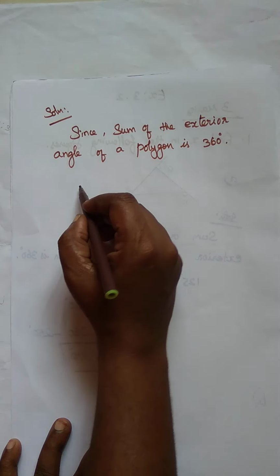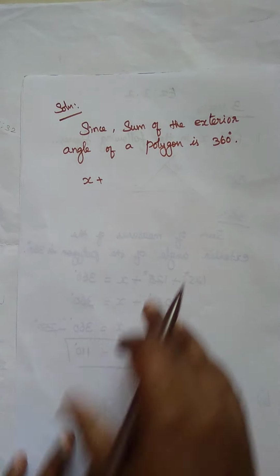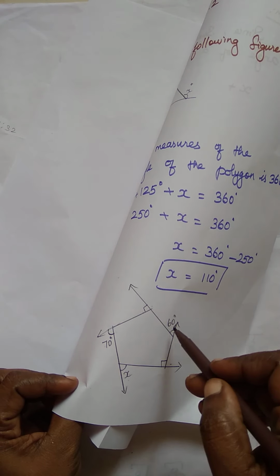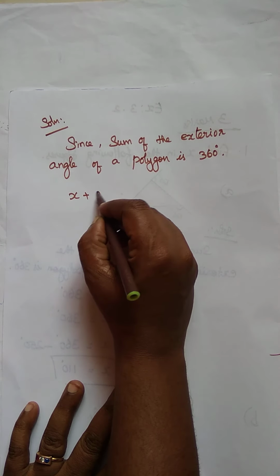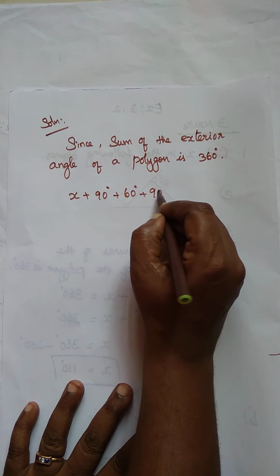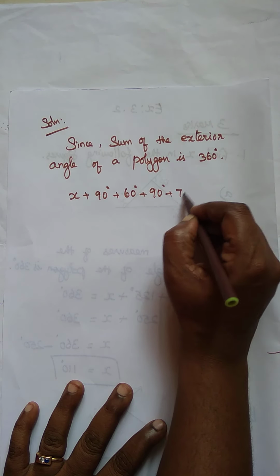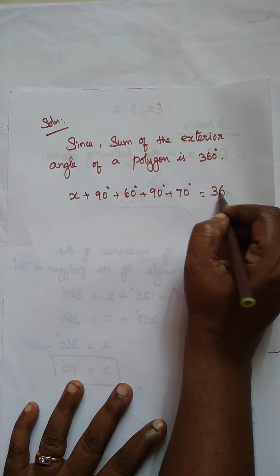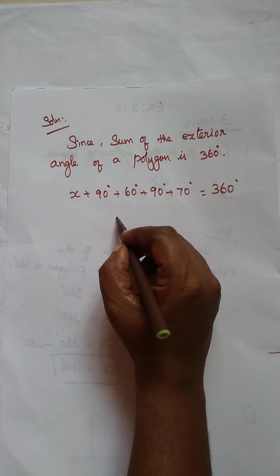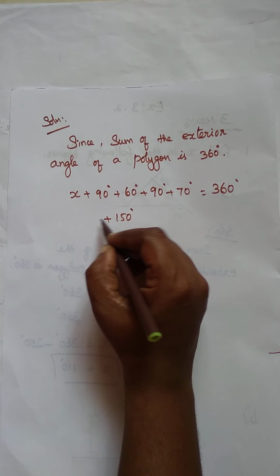Okay. Now write all the angles. See what are the angles we have? x plus 90 plus 60 plus 90 plus 70 is equal to 360 degree. Now we add this. 90 plus 60 is 150 degree.